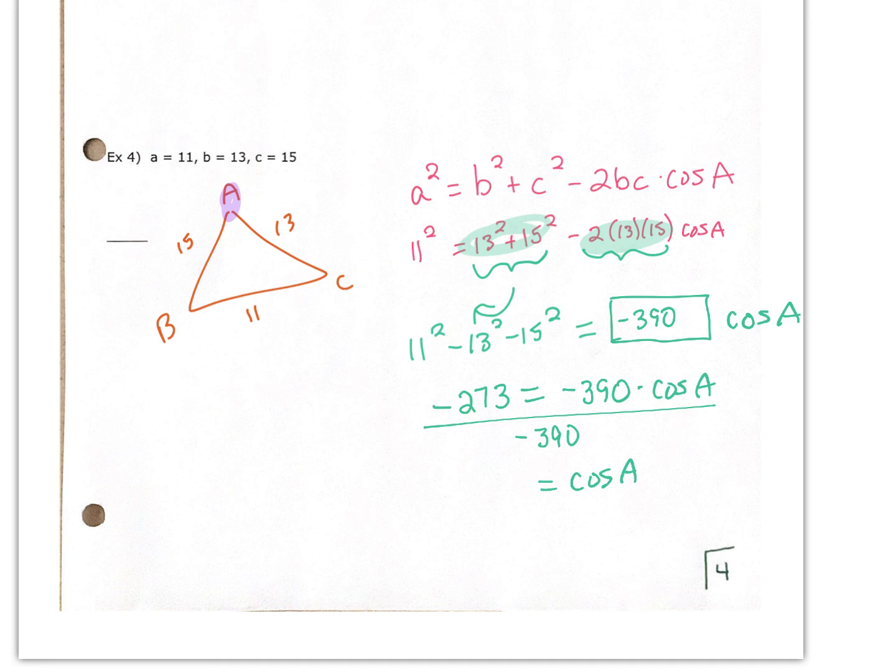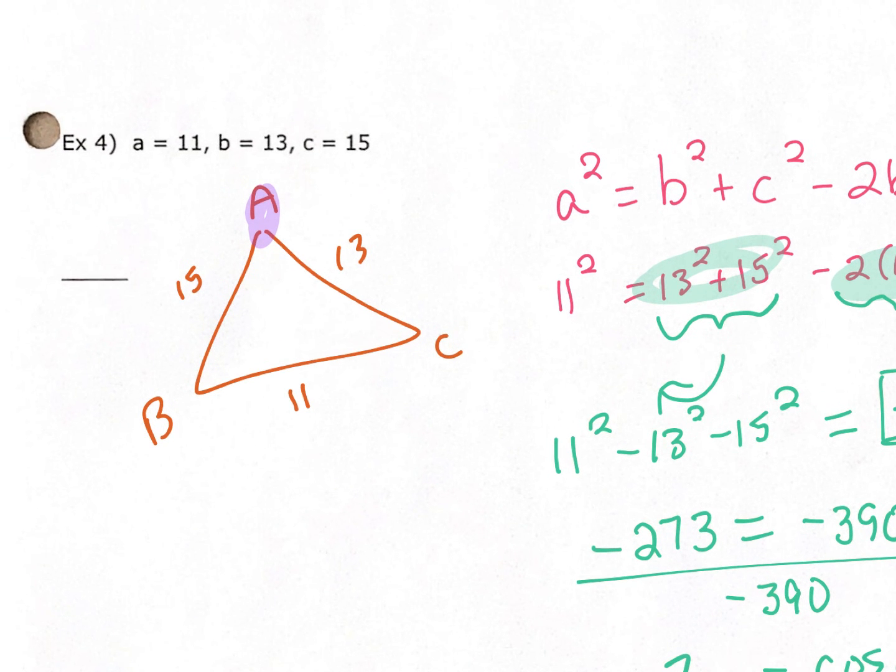Okay, so we're going to have cosine of A is equal to some number. What do we get for that? 0.7. Nice. Okay, so A is equal to 46 degrees when you do the inverse cosine to find that. So that gives us 46 here.